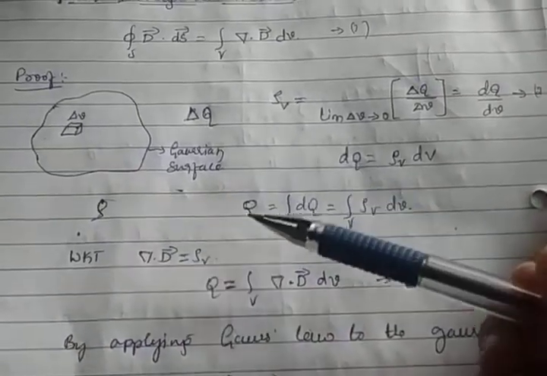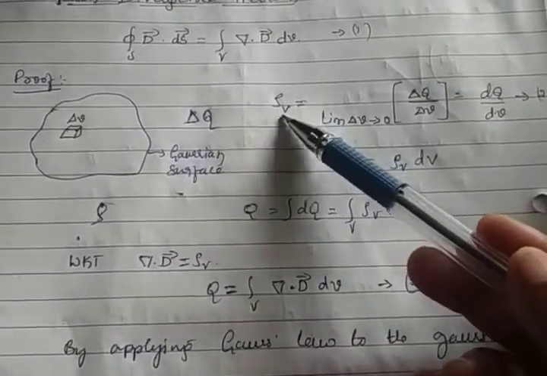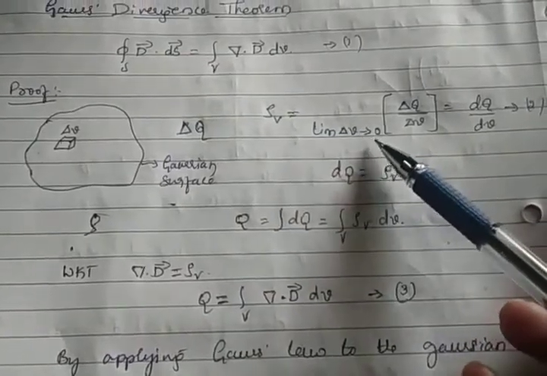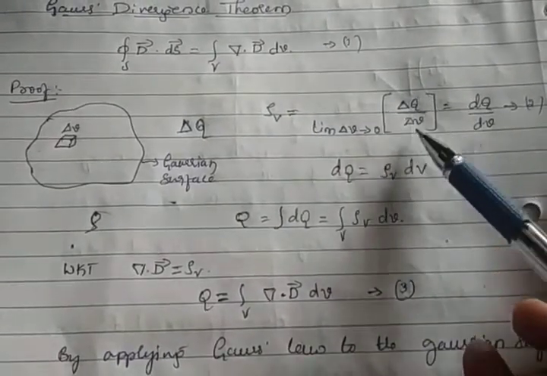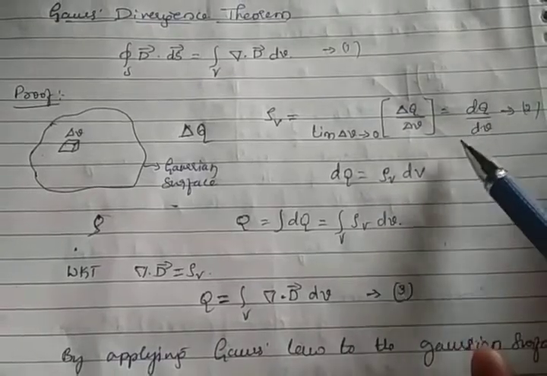We have the equation rho v equal to the limit delta V tends to 0 of delta Q by delta V, equal to dQ by dV.